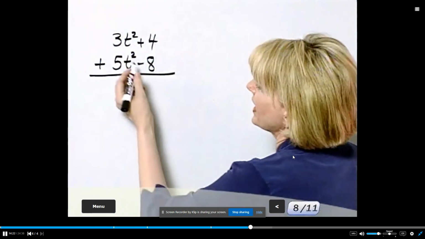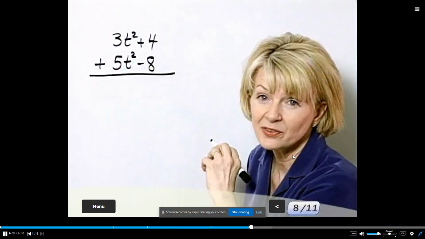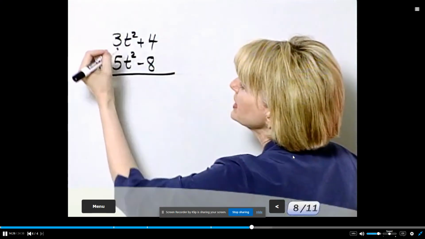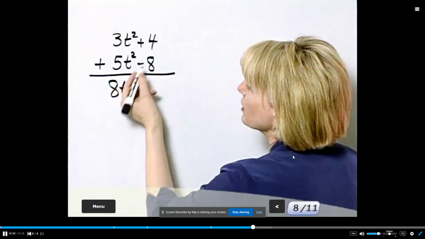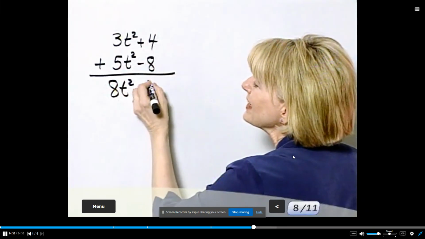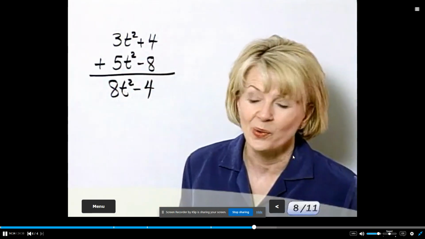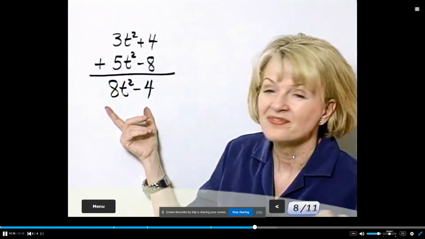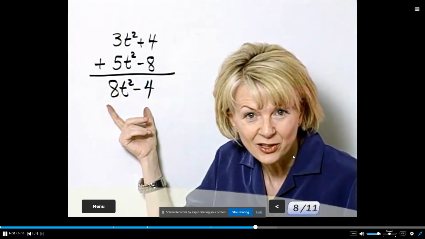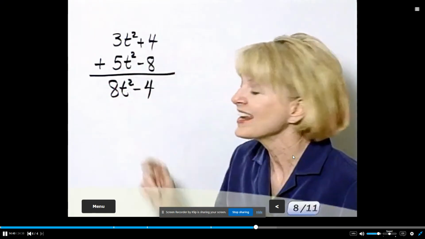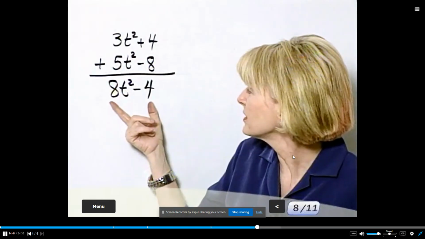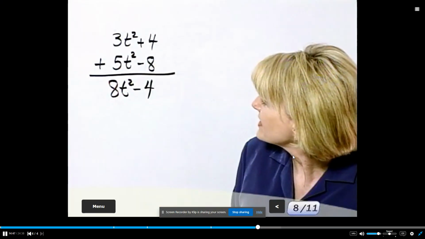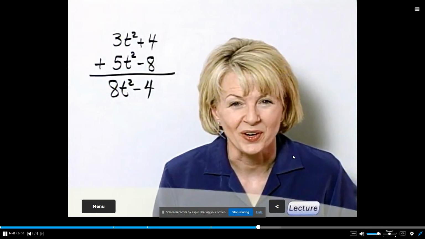So we can go right to left or left to right. It makes no difference. 3t squared plus 5t squared, that's 8t squared. And 4 minus 8, that's negative 4. Can I go any further? The answer is no, these are unlike terms. So I have added those two binomials. And by the way, the result is a binomial, and it's 8t squared minus 4.